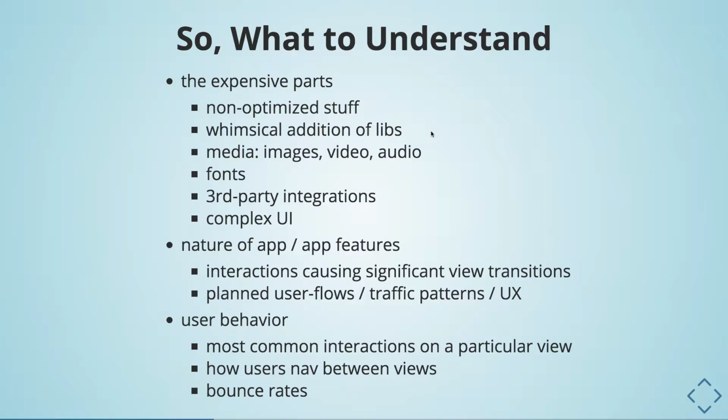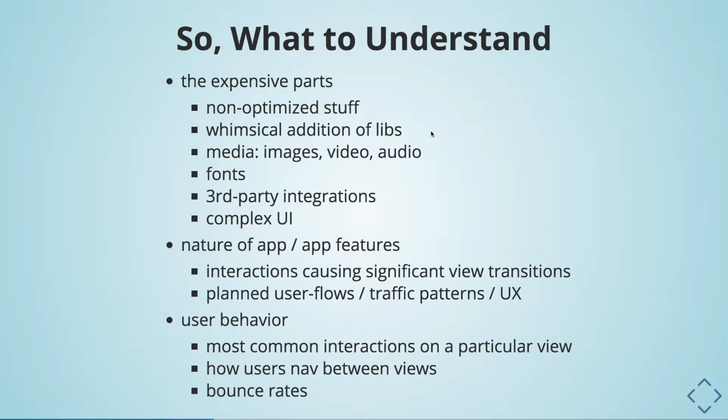So back to the whole point of the slide. What to understand is really the expensive parts, right? If you're looking to optimize, find the things that are not optimized. That includes your assets. We'll talk about that. Sometimes just to meet the deadlines, we quickly add a library. Don't really consider what that's doing, right? I understand that.